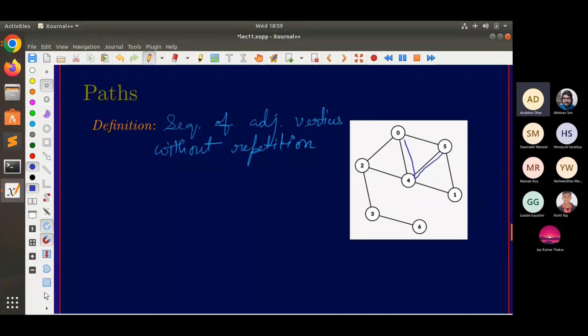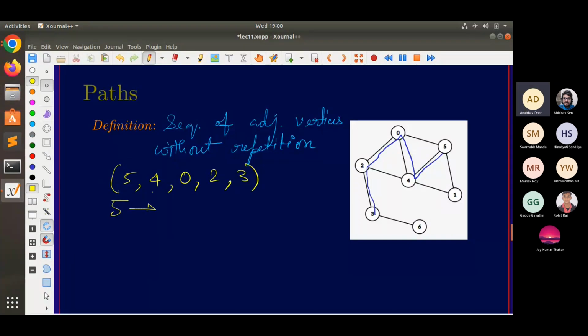So this is a path. 5 and 4 are adjacent. 4 and 0 are adjacent. 0 and 2 are adjacent. 2 and 3 are adjacent. So you can write it as a sequence of nodes 5, 4, 0, 2, 3.